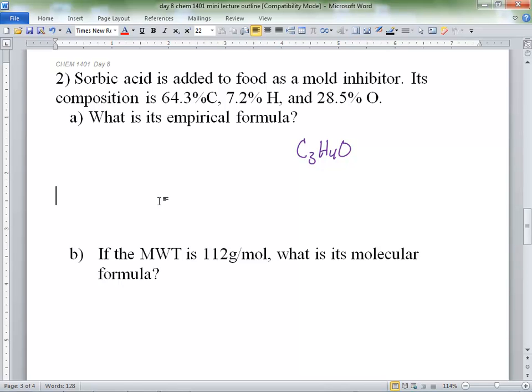But do we have to multiply? Well, 3 times 12. Yeah, 3 times 12 plus 4 times 1.01 plus 16.01.